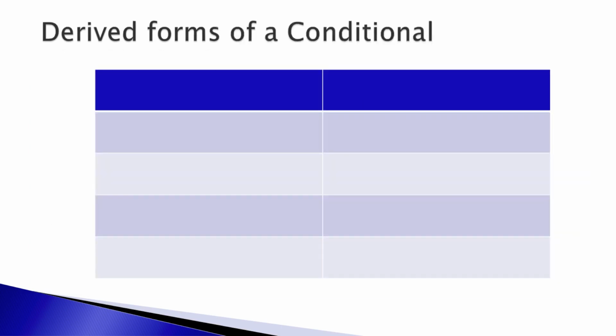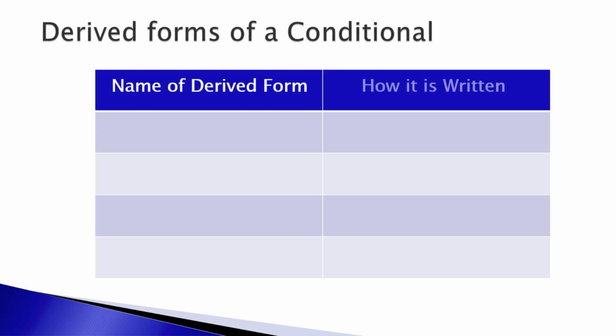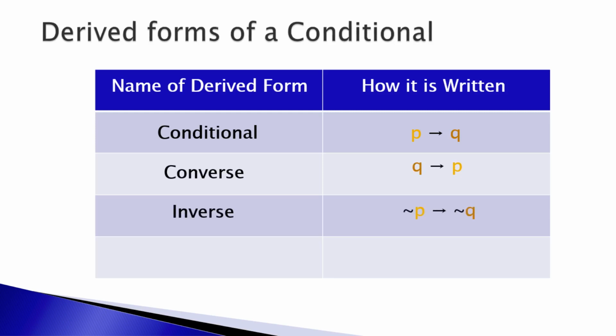So, let's look at the derived forms' truth values and how each is written. So the conditional is written as P implies Q. The converse is written as Q implies P. The inverse is written as not P implies not Q. And the contrapositive, as you can probably guess, is written not Q implies not P. So basically we just either flip them or put the little not symbol in front of it.